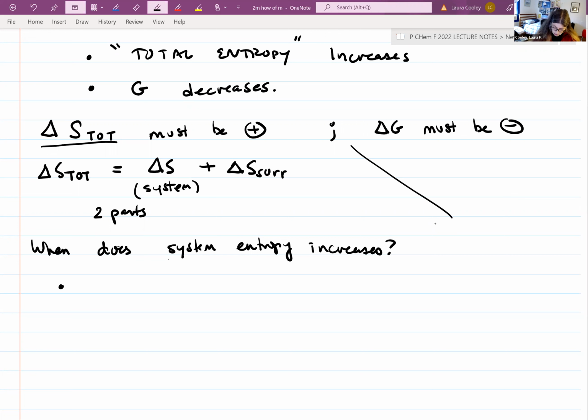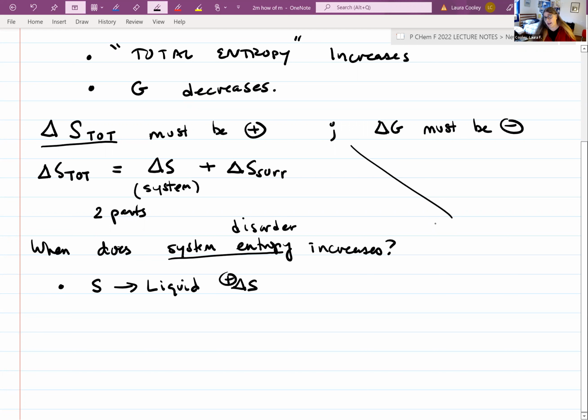So system entropy, which you could think about as system disorder, increases for certain types of processes. For example, if you have a solid going to a liquid, that is going to have a positive change in entropy of the system. Why? Because a liquid is way more disordered than a solid. Molecules are moving around a lot more.